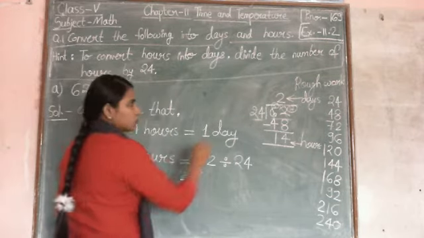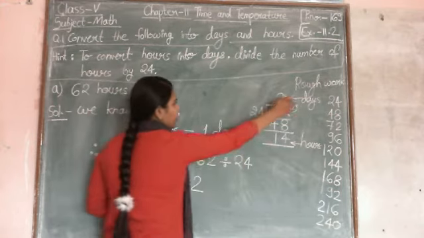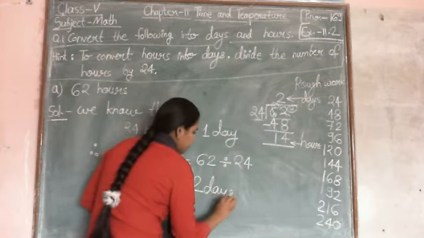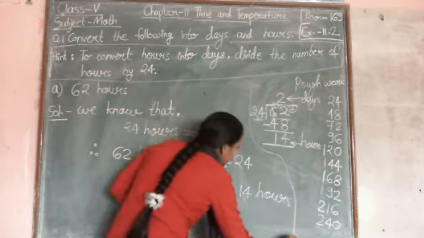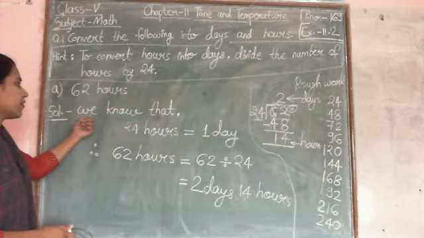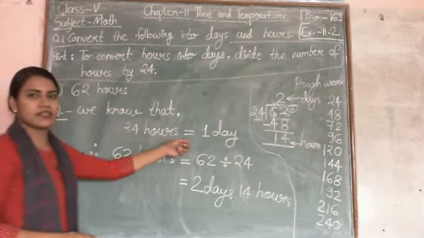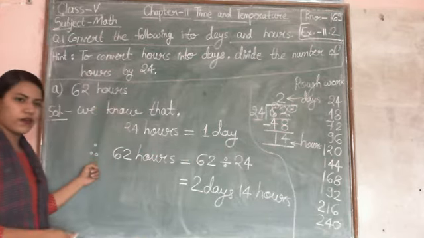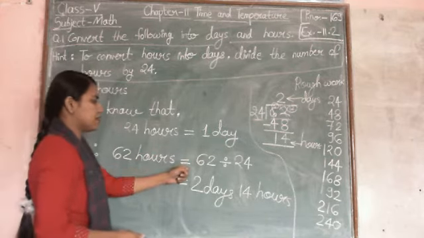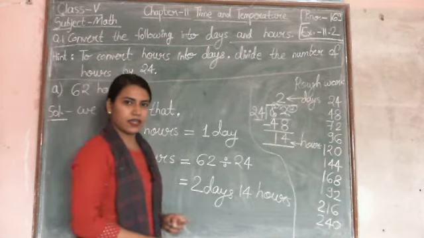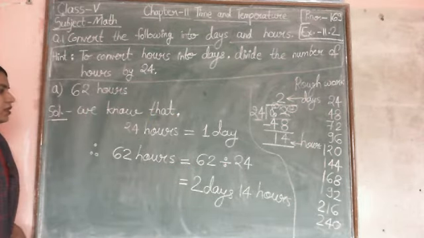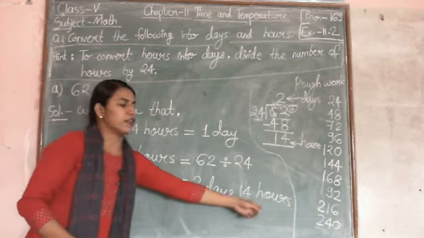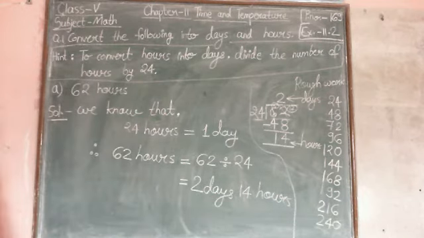After division what we get? 2 days 14 hours. So this is our rough work part and this is our solution. Our result is 2 days 14 hours. Note it down or take a screenshot.